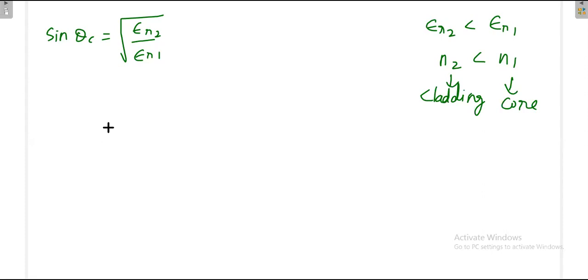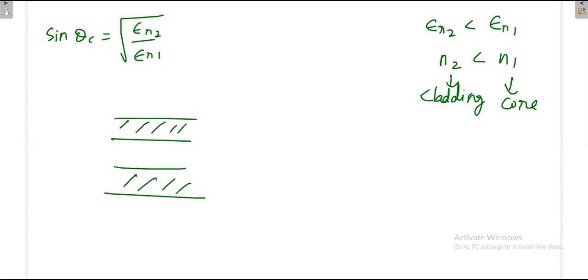See, if you have core like this, and this is made of cladding. This is n1, the core refractive index, and this is n2, the cladding refractive index. Then n1 has to be greater than n2, then only you will have reflection like this.